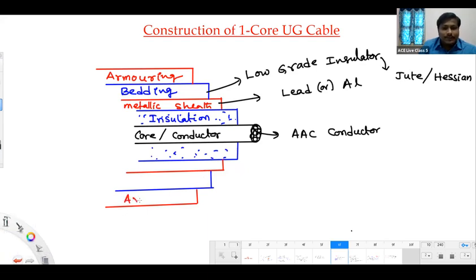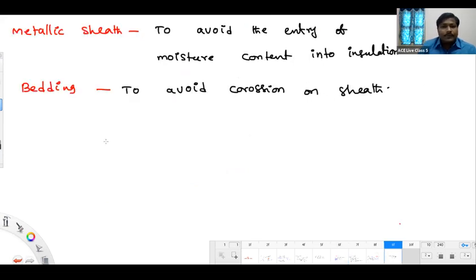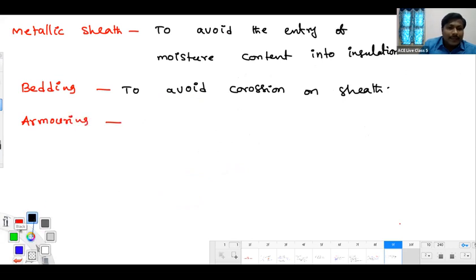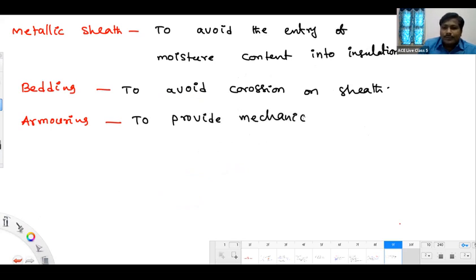I'll write here. Armoring. So the armoring layer is to provide mechanical protection from external mechanical stresses.